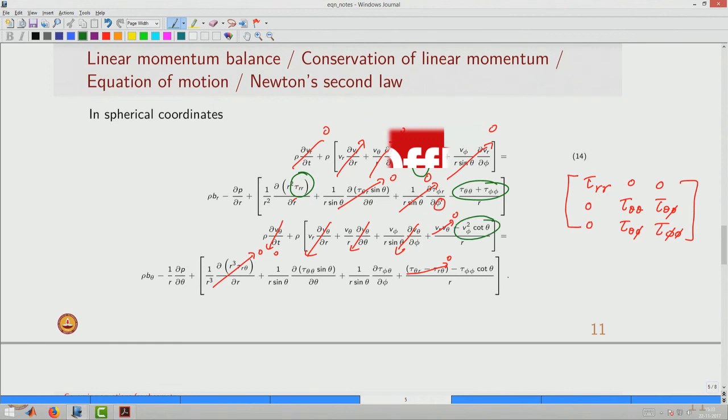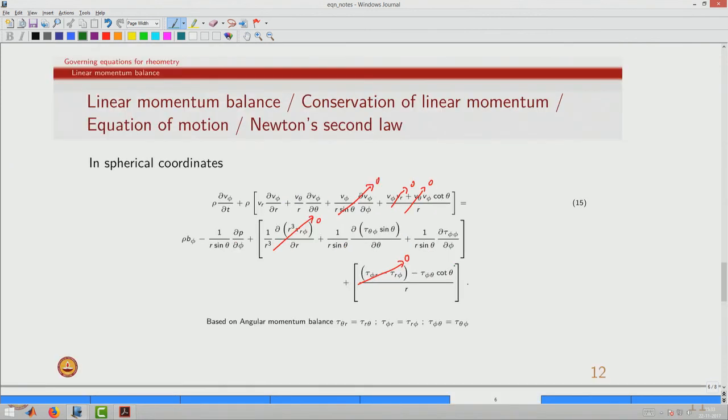V phi itself is of course non-zero, tau theta theta is non-zero, tau theta phi is non-zero, tau phi phi is non-zero.